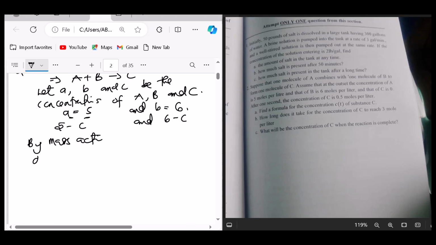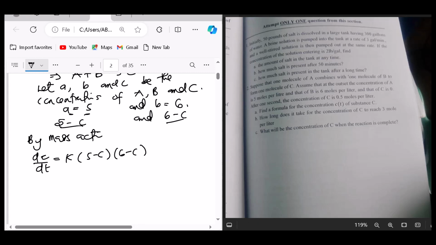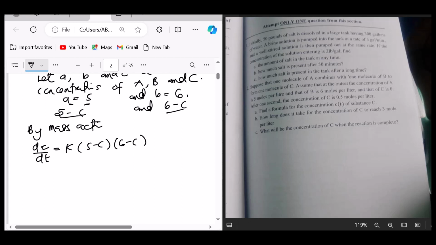So we say that dC/dt is equal to K times the product of this and this, that's just (5 minus C) and (6 minus C), like this.